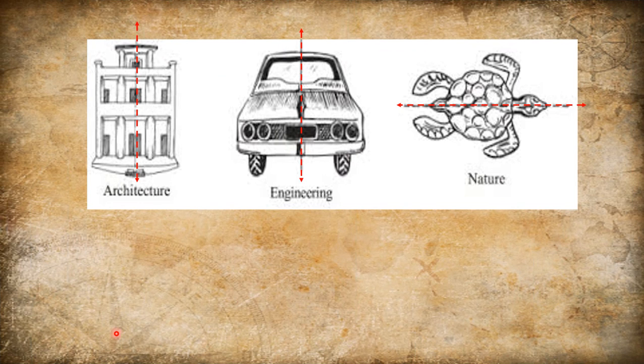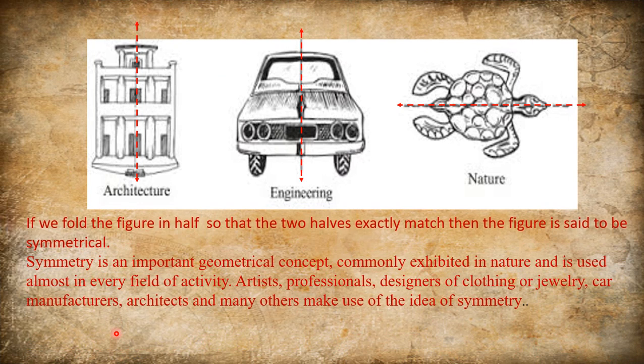So yeah, this is one important concept in geometry. If we fold any figure in half such that the two halves exactly match, then the figure is known as a symmetrical figure. Symmetry. This concept is very important, and as in the previous example of a butterfly, in nature also we can observe symmetrical objects.